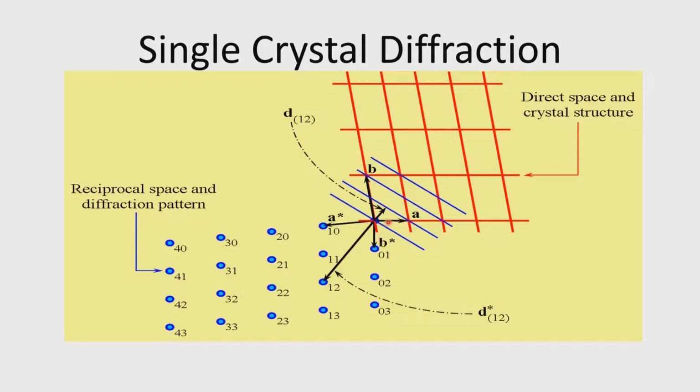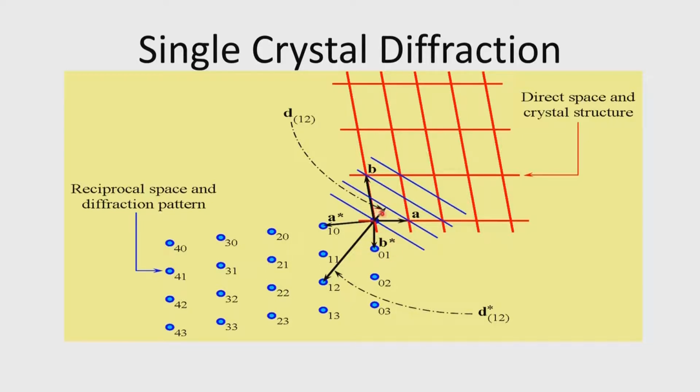Okay, this set of parallel planes, let us go further. Each set of parallel planes is represented by this vector. In this case, the plane 1 2 is represented by D 1 2, the distance of 1 2. Now, the corresponding reciprocal lattice vectors will occur with respect to A: 1 over A is the vector direction, 1 over A vector direction represents A star, and 1 over B vector direction represents B star.